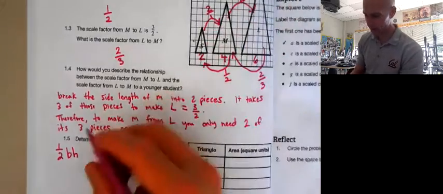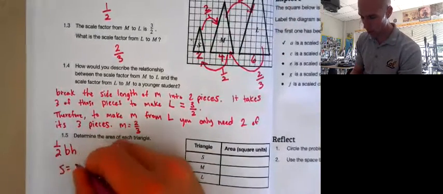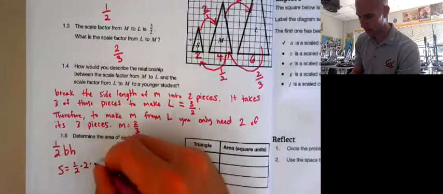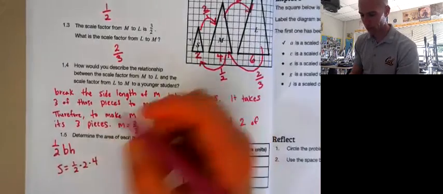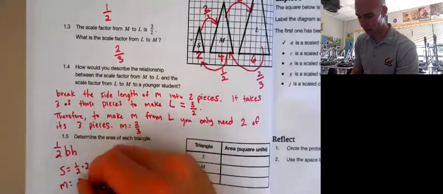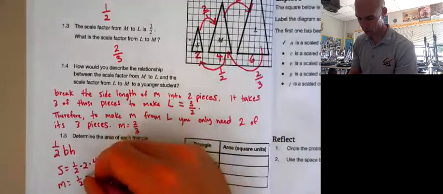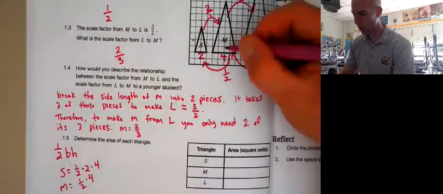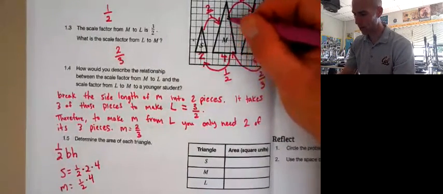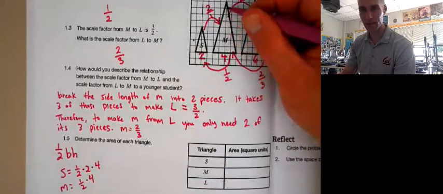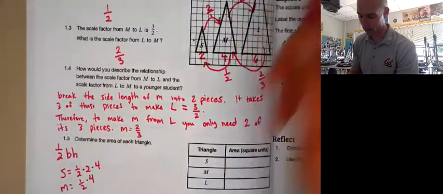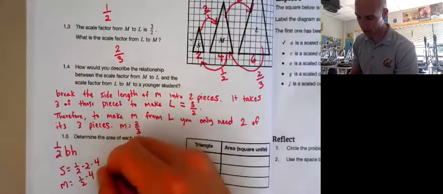And so for S, it's going to be 1/2 times 2 times 4. And then for M, it's going to be 1/2 times 4 for the base. And 1, 2, 3, 4, 5, 6, 7. It'd be tempting to stop counting at 7, but the top is way up there at 8.